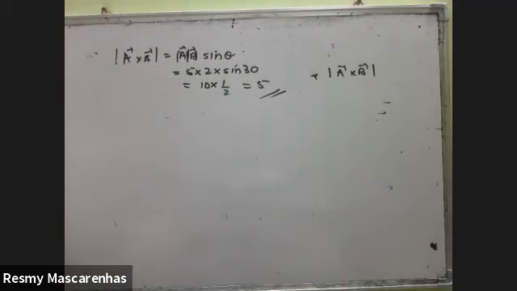Now we'll check what is this cross product for orthogonal unit vectors.